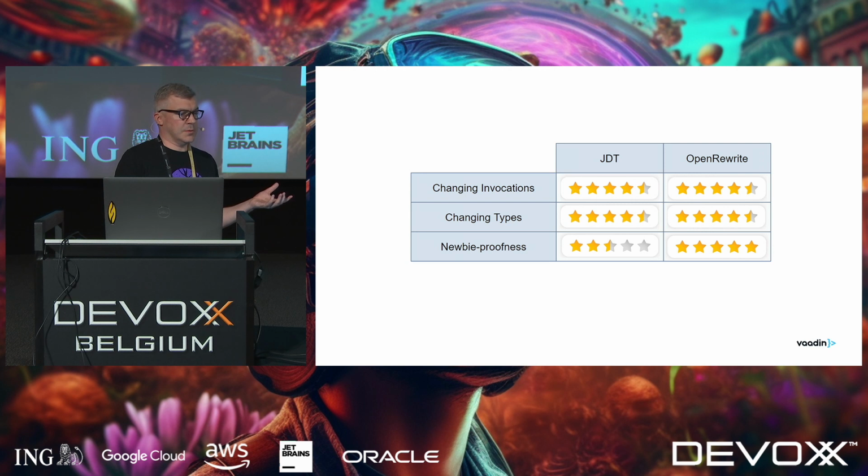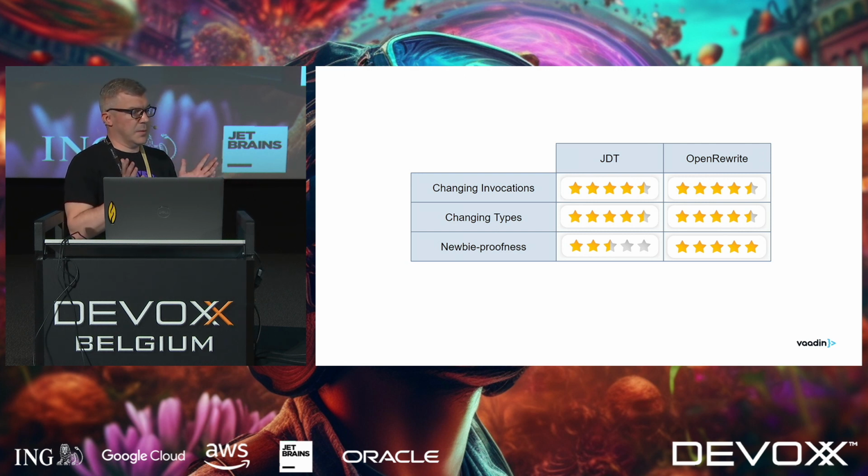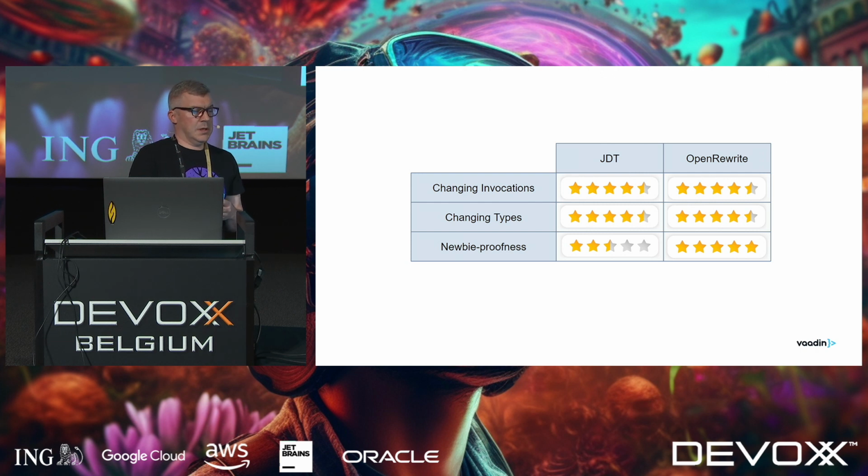I think there's pluses and minuses for both of these. Where I see JDT and OpenRewrite really hugely different is that OpenRewrite clearly is much better for newbies, or for teams especially that don't have a lot of experience, working together on these kinds of projects where you're doing language reengineering.